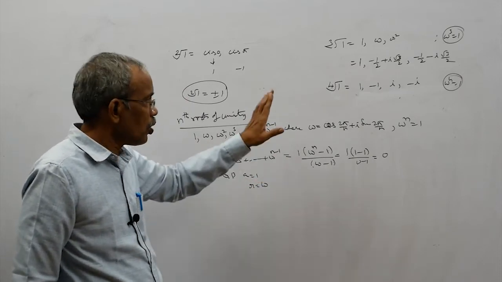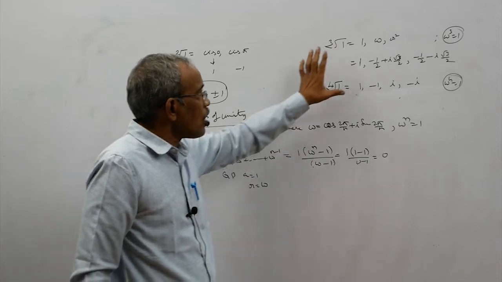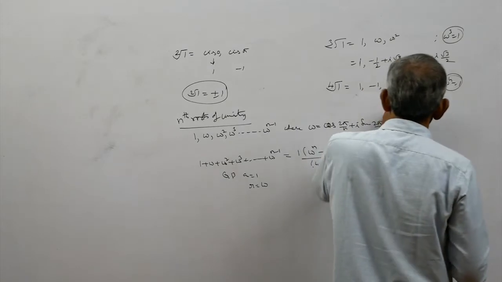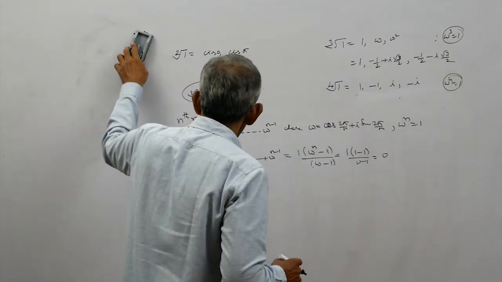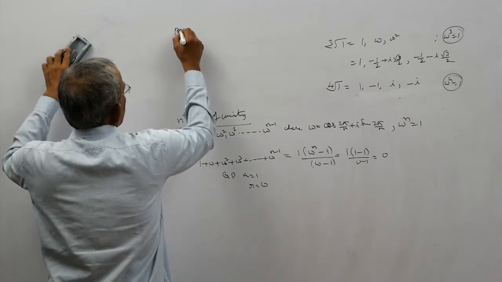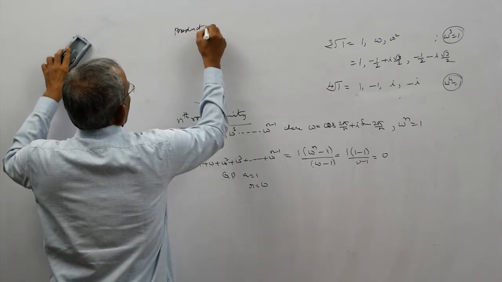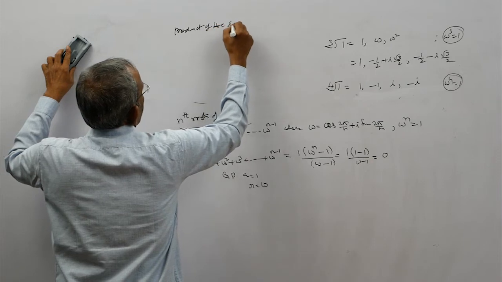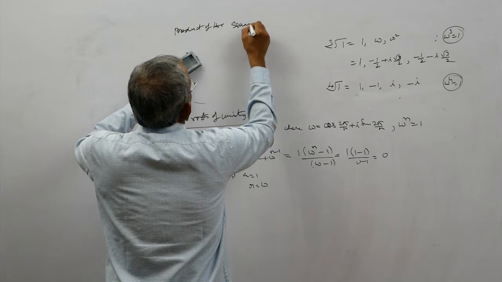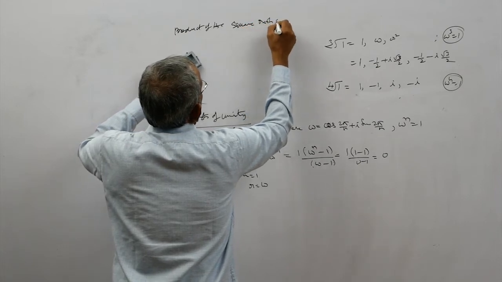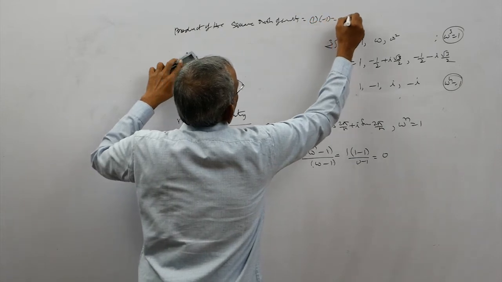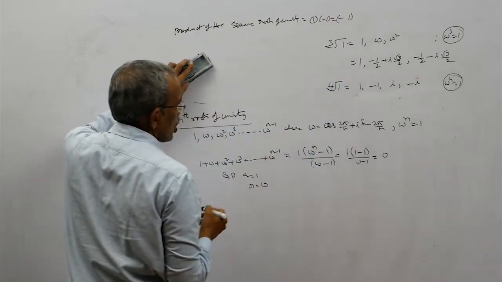Similarly, we have to observe the product of the roots of unity. The product of the square roots of unity is equal to plus 1 into minus 1, which is equal to minus 1.